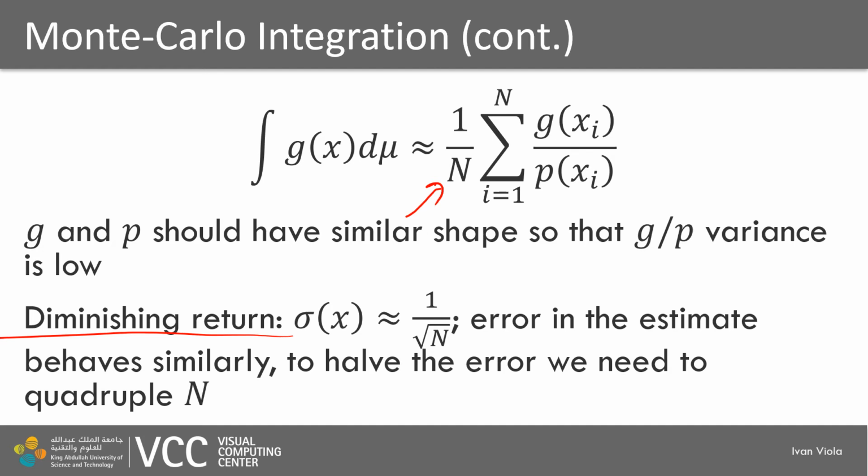The error in the estimate behaves similarly, which means that if we want to halve the error, we have to quadruple the n.